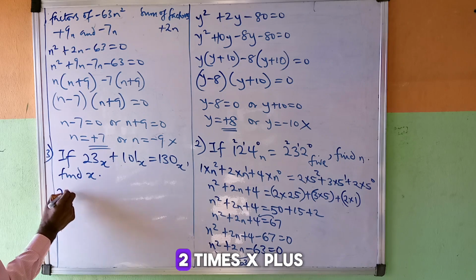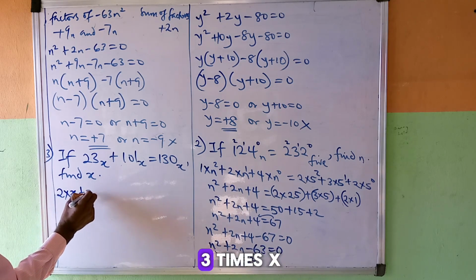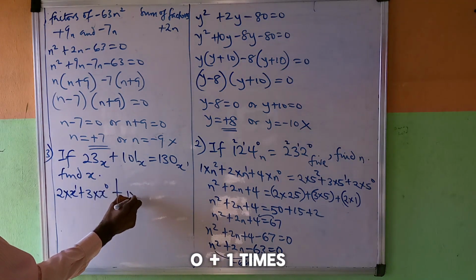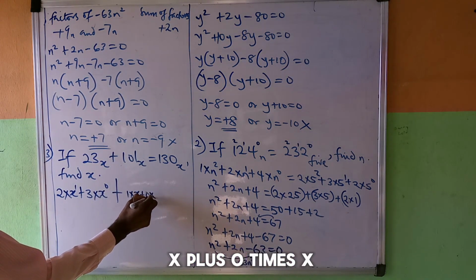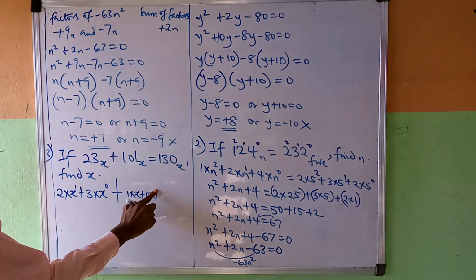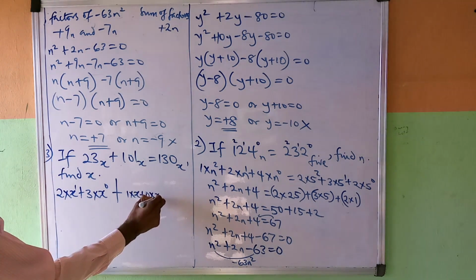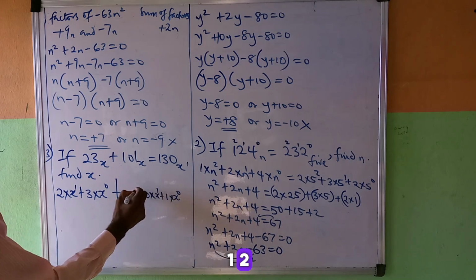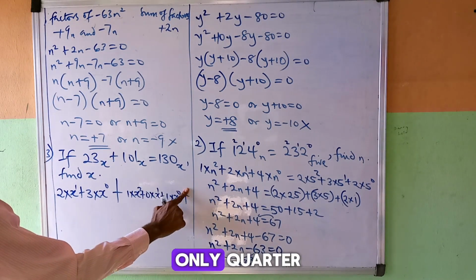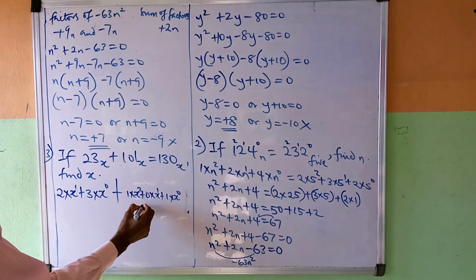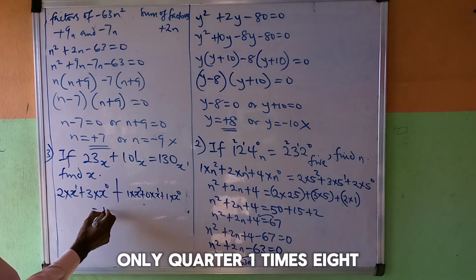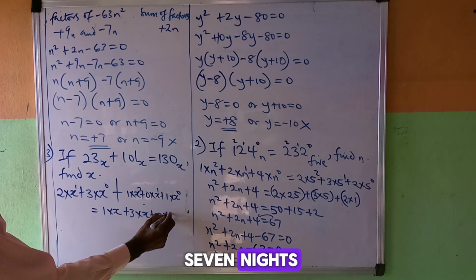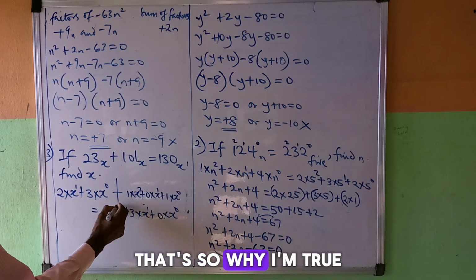So this will be 2 times x^1 plus 3 times x^0, plus 1 times x^2 plus 0 times x^1 plus 1 times x^0, all equal to 1 times x^2 plus 3 times x^1 plus 0 times x^0.